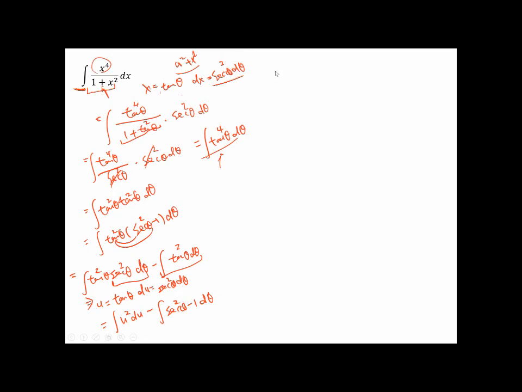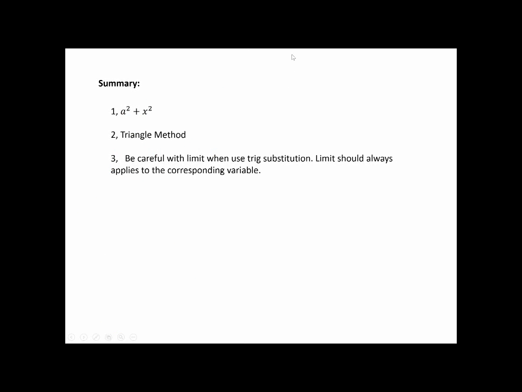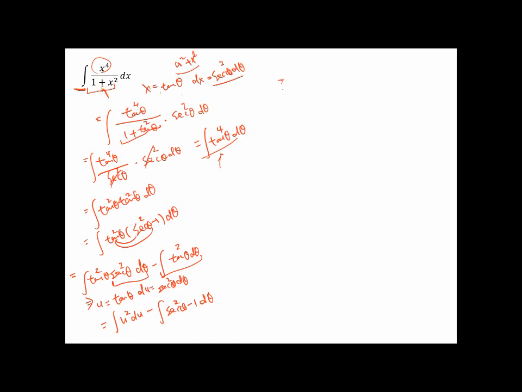Okay. So this equals 1/3 u cubed minus the integration of secant theta squared d theta minus 1 d theta.